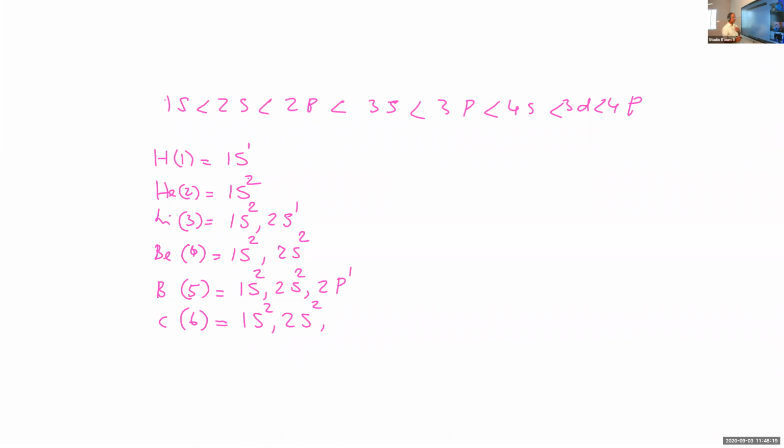So 1s2, 2s2, 4 electrons. There are 2 more electrons, and the remaining 2 electrons will be entering the next level, that is 2p. In the 2p level, there are 2 electrons. So total number of electrons, 2 plus 2 plus 2 is equal to 6.